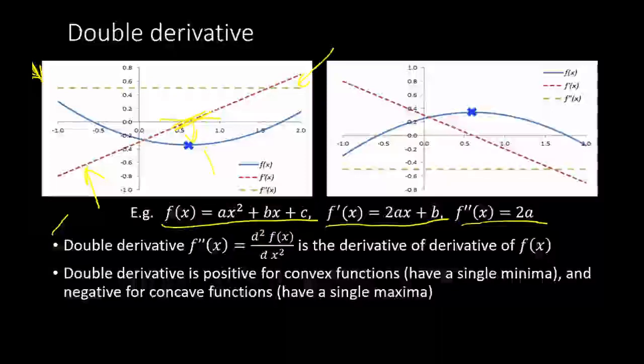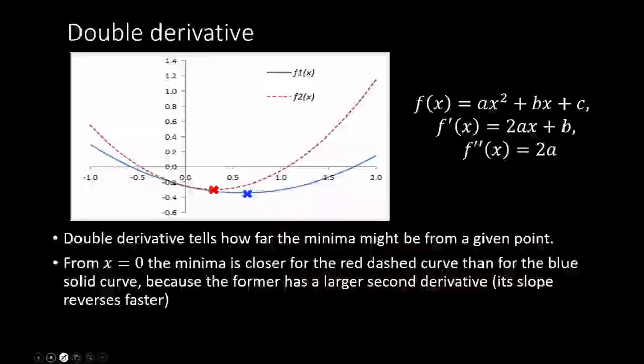Here, if we want to do this using gradient descent, then we would need to find a perfect step size, and if we knew 1 over f double dash of x, the inverse of the second derivative, we could find the minima in one step. Here you can see two different curves, the red curve and the blue curve.